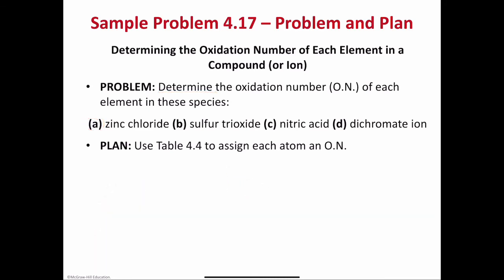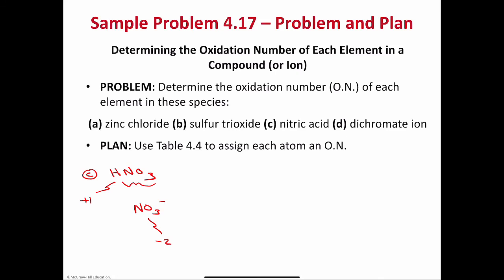Let's take a look at nitric acid, so HNO3. My hydrogen is going to have an oxidation number of +1 because it's combined with the polyatomic ion nitrate, which is completely made out of nonmetals. So my nitrate has a charge of -1. Oxygen always has an oxidation number of -2 unless it's in a peroxide. Nitrate isn't a peroxide.